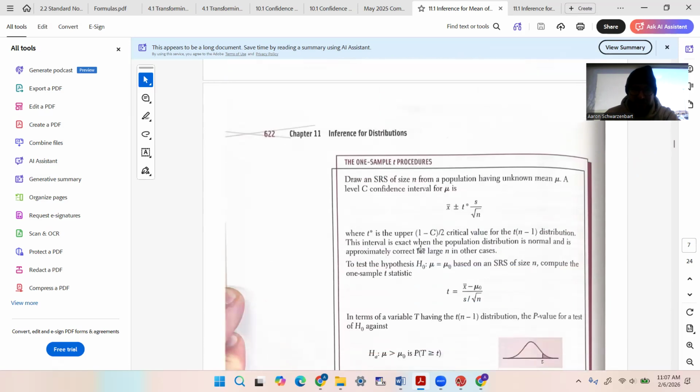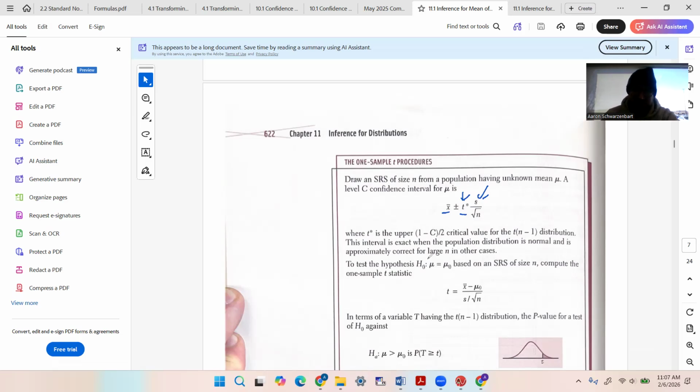So, the T confidence interval. Guess what? It's basically the same as the Z confidence interval: x bar, except we're using a T star instead of a Z star, and this is an S. These are the two things that changed, a minor change.